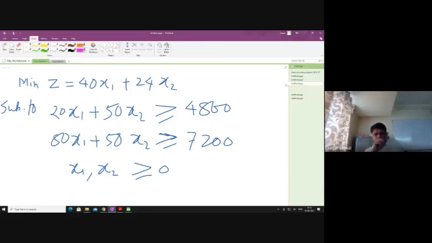Right. First find out the values, draw the graph, select the feasible region, and then tell me if you are done with this.